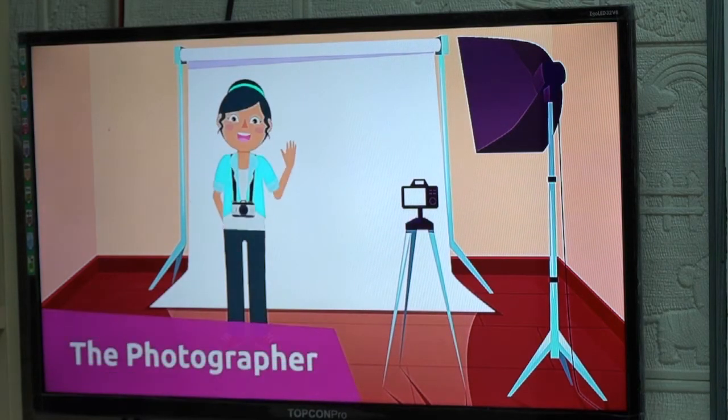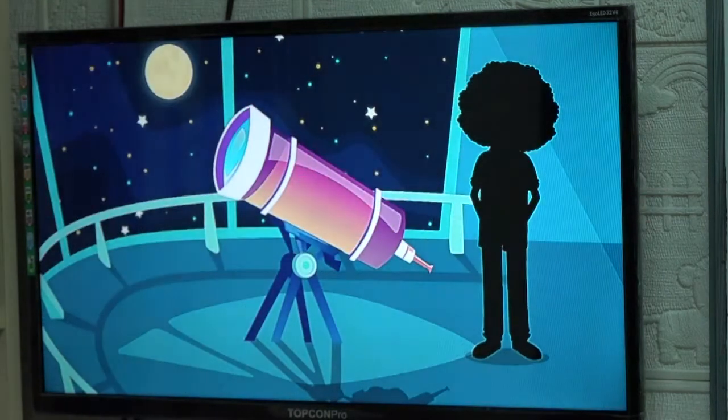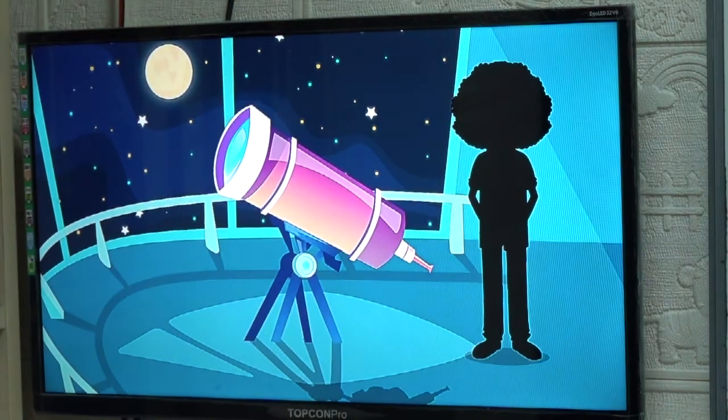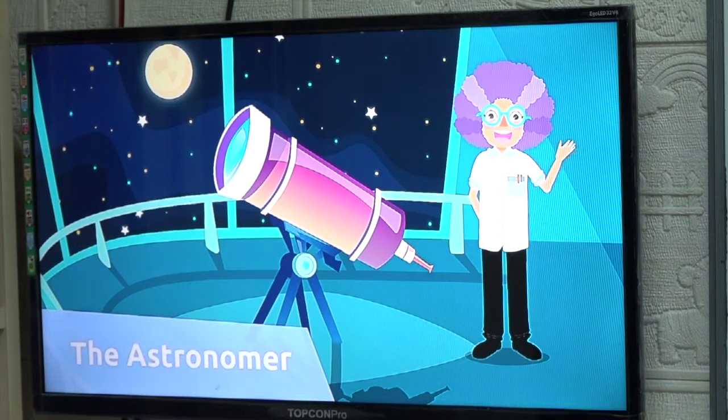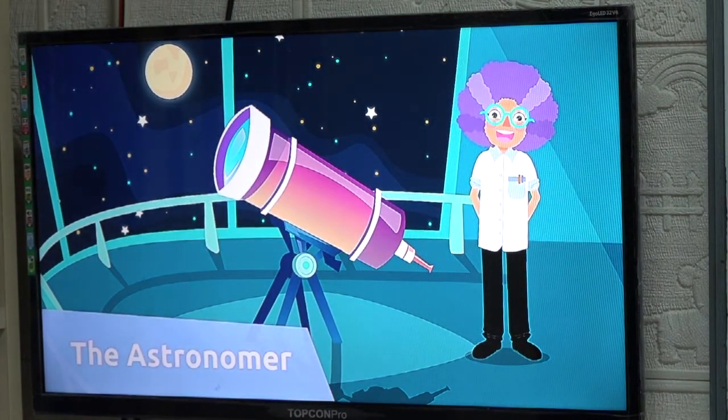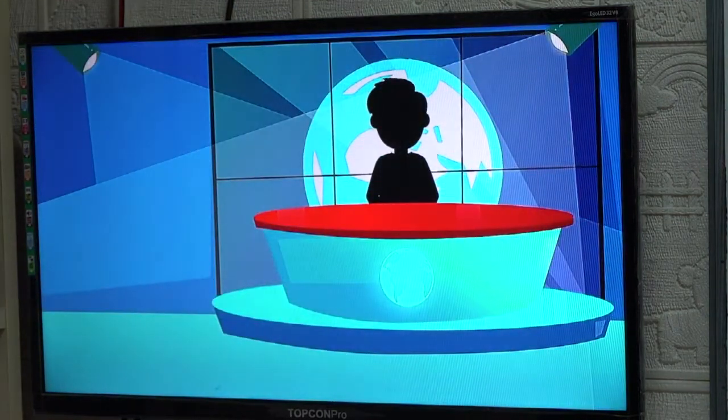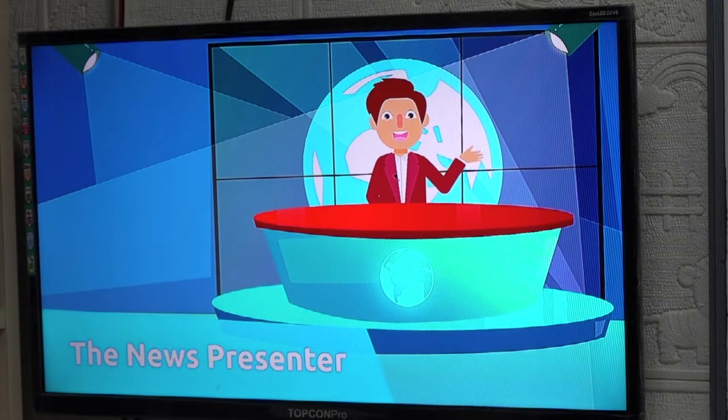Photographer. The photographer. Who studies the universe? Astronomer. The astronomer. Who reads the news on TV? The news presenter. News presenter.